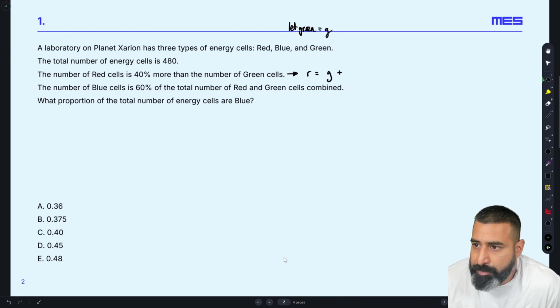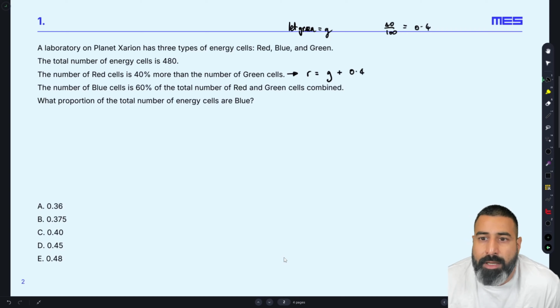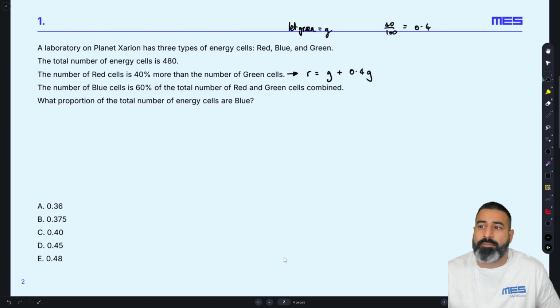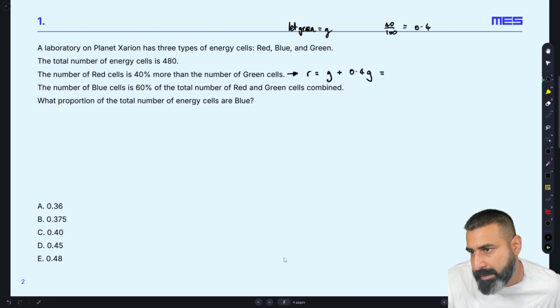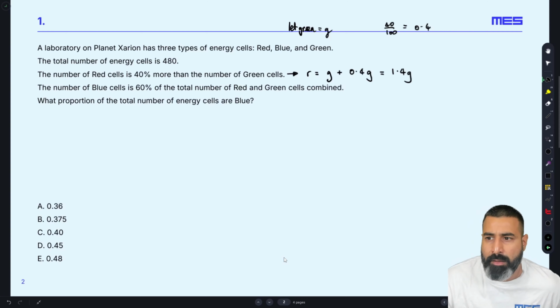Okay, so 40% of the green cells, we can represent 40% as 0.4, and it's 40% of the green cells, so that is just going to be G for green cells. So they can simplify that to 1.4G, and that's what red is equal to in terms of G.